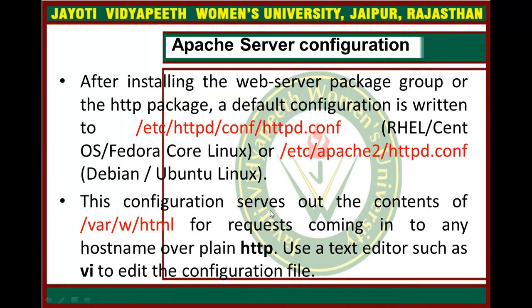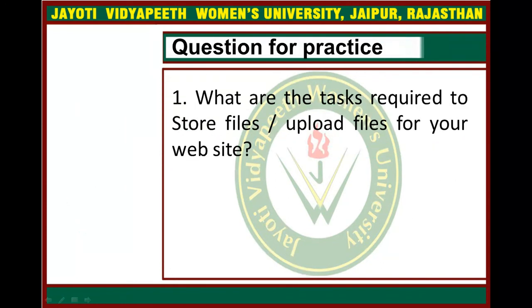So this configuration serves out the content of /var/www/html for requests coming into any host name over plain HTTP. Use a text editor such as vi to edit the configuration file. I told you about vi in my previous video. So this is all about this session.